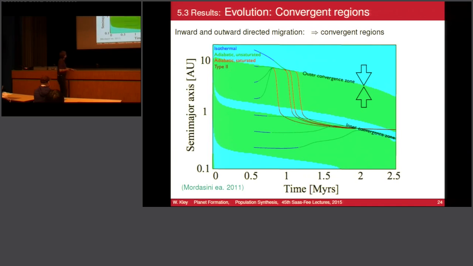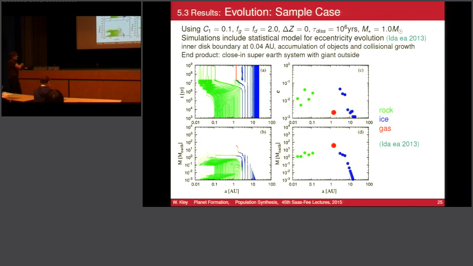Okay. Then this is the convergence zone. I will also skip this here. This is a sample outcome of one of these simulations, also mentioned in the PP6 paper, I think. It's from Ida et al. 2013. You have here a system of planets. This is the new development of the last few years. You can add a few planets and they interact with each other.